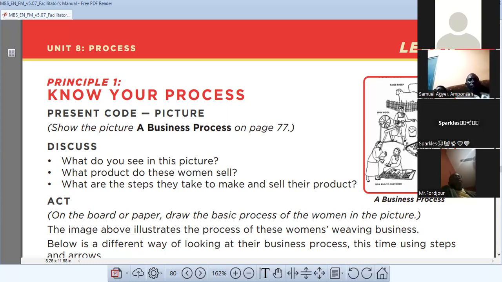Some of them, initially, used to buy chickens that are already grown, and then they would slaughter them, cut them into the pieces they want, and then sell them.